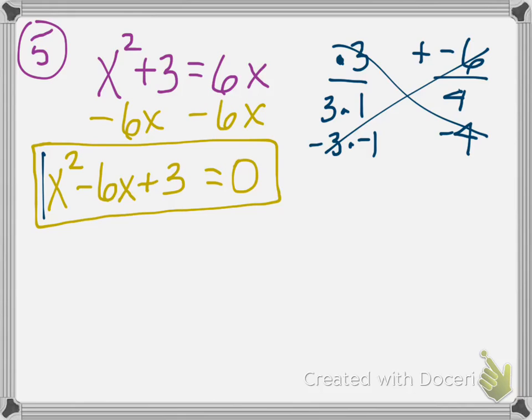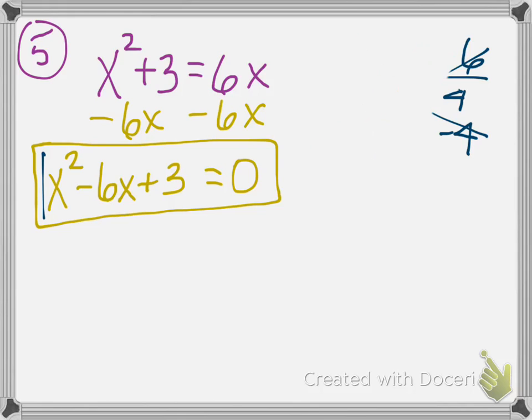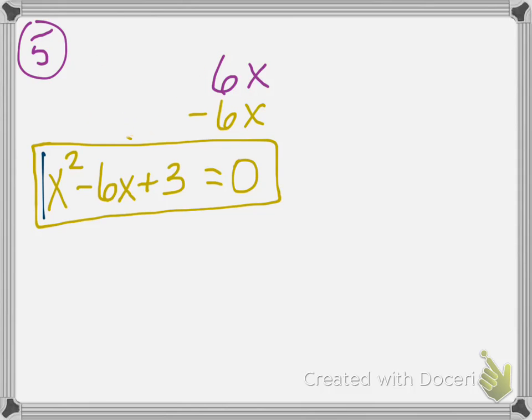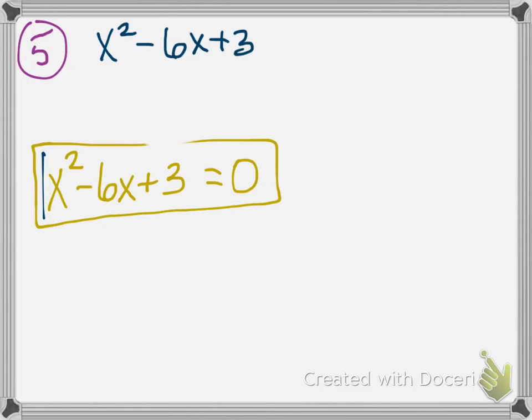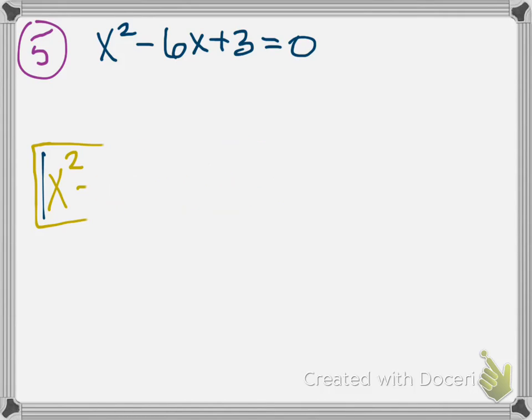So, let me erase this guy here because we're not going to be able to do that. I'm actually going to erase the original problem so I give myself a little bit more room because we all know quadratic formula takes up quite a bit of space. Okay, so there's the problem after we got it equal to 0. Now I'm going to do quadratic formula.